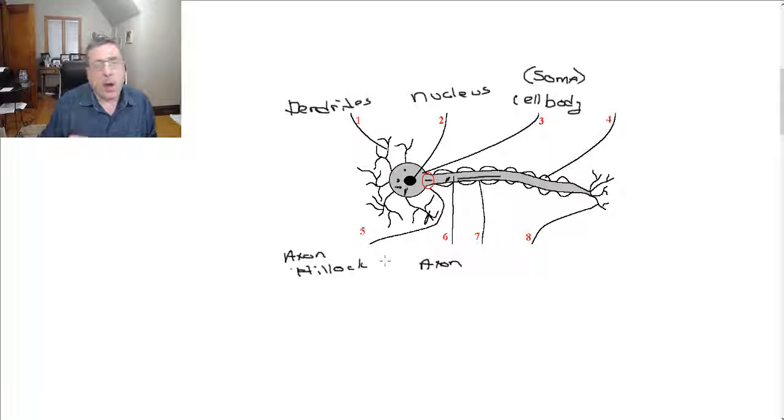Okay? And as we travel down the axon, I'm going to skip 4 and 7 right now. Then we get down towards these end areas, and these are axon terminals, the end of the axon.